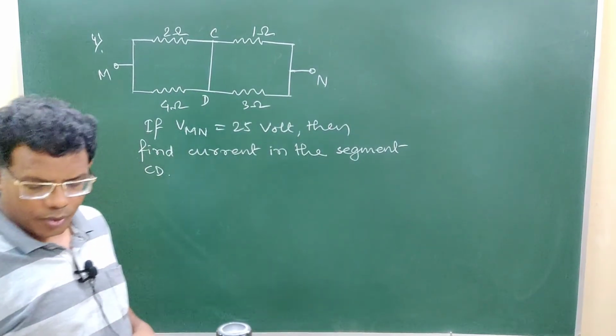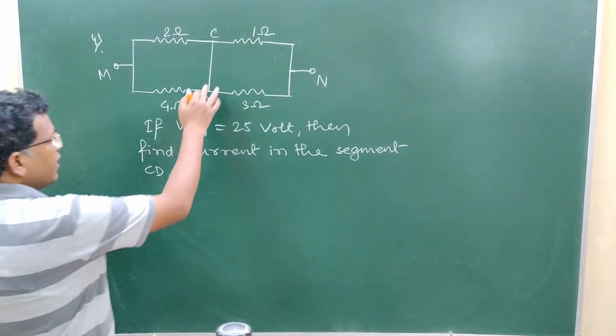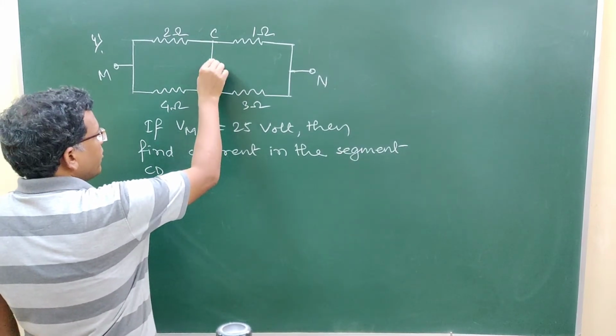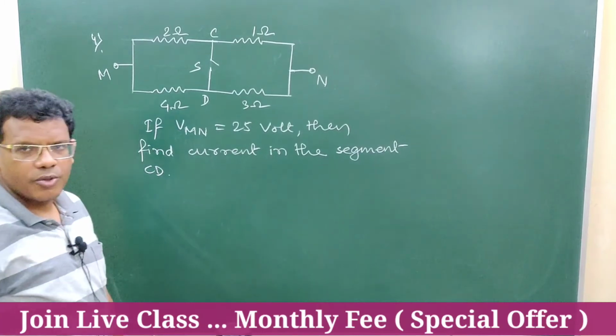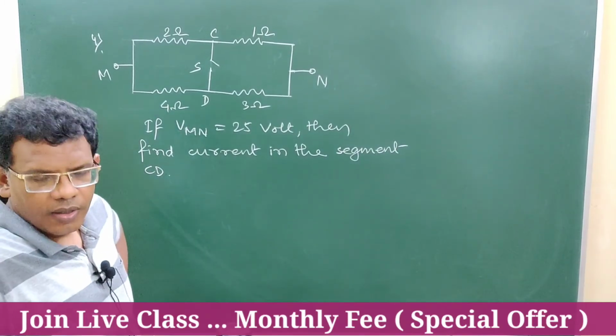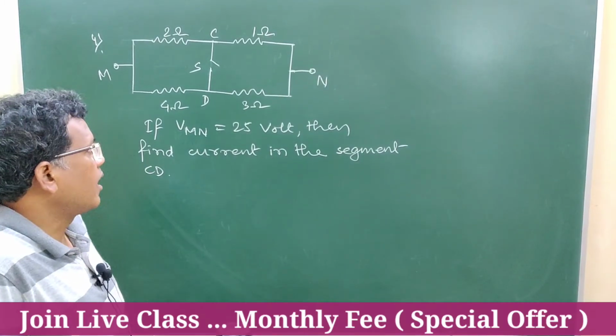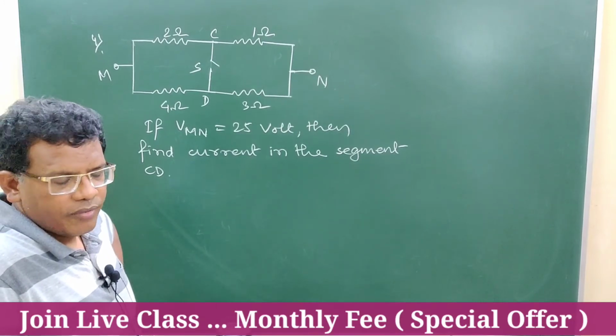So it is also a similar type of question. Instead of this direct wire, think that there is a switch; if I convert this question by inserting a switch in the connector between C and D.